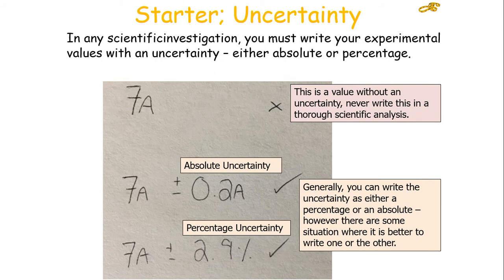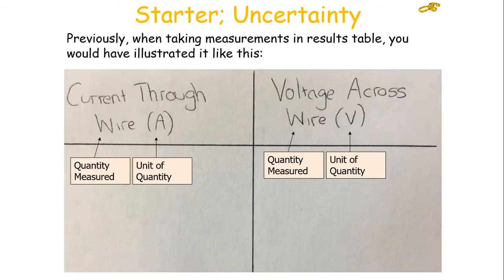In any scientific investigation, you must write down your experimental values with an uncertainty, either absolute or percentage. So you should never just write down a value without uncertainty in your thorough scientific analysis. Generally, you can write your uncertainty as either a percentage or an absolute. However, there are some situations where it's better to write one or the other.